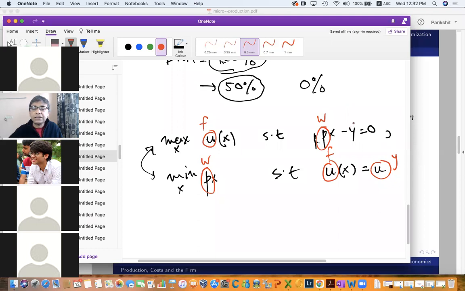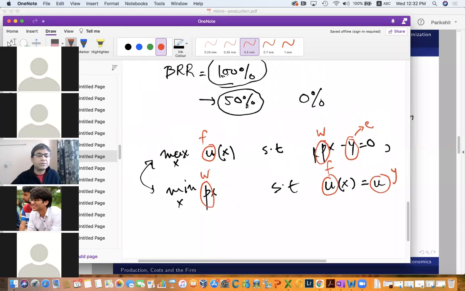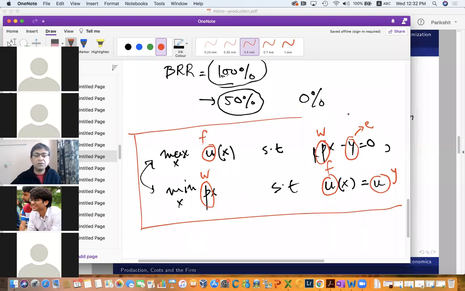And this thing which I was calling y, I'll call it some expenditure level E. So what do I get? I get this problem just by changing names. I have basically defined the firm's cost minimization problem. If you just look at this, you will see all the analogies that you want to think about.